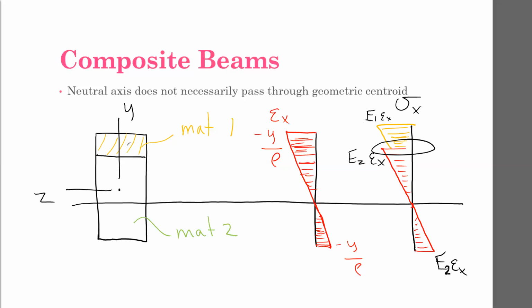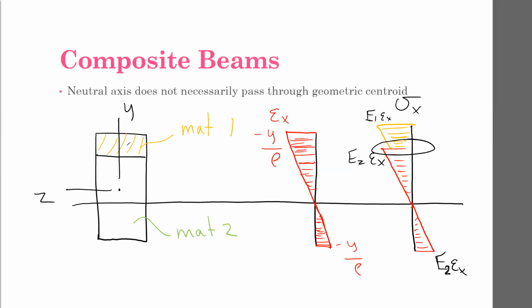Right here, where we go from material 1 to material 2, there's a jump because the strain is the same. This material is elongating the same amount because the two materials are stuck together, so they have to elongate the same amount. But the stress that's developed due to that elongation is different because the two materials have different E values.